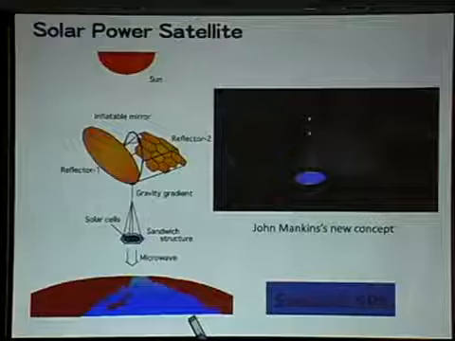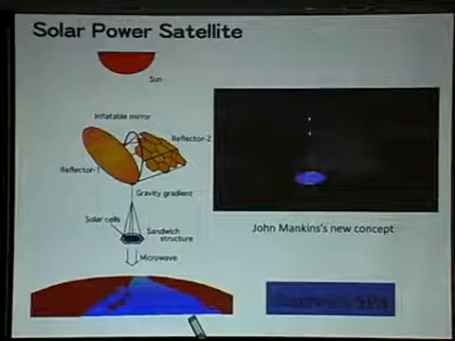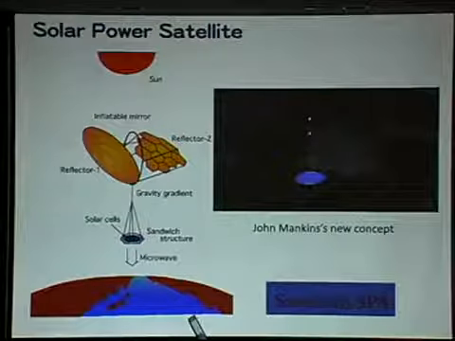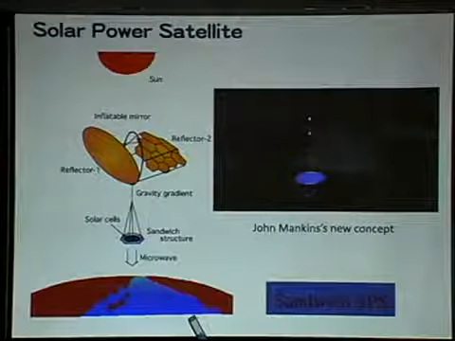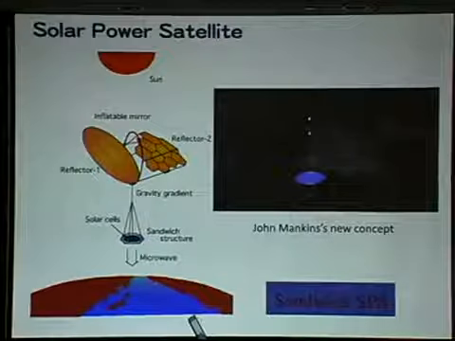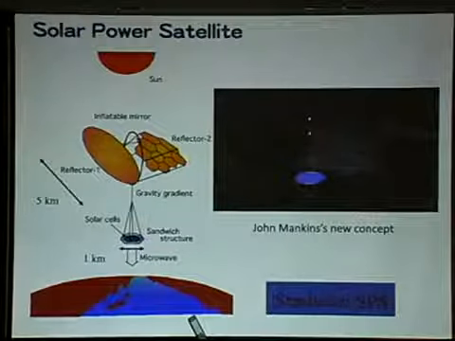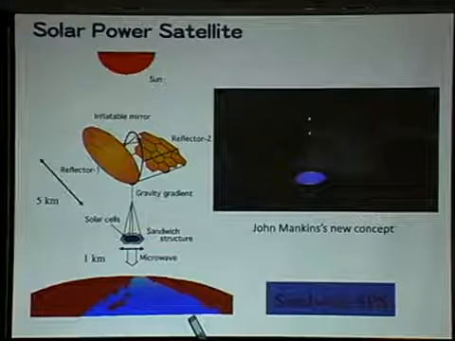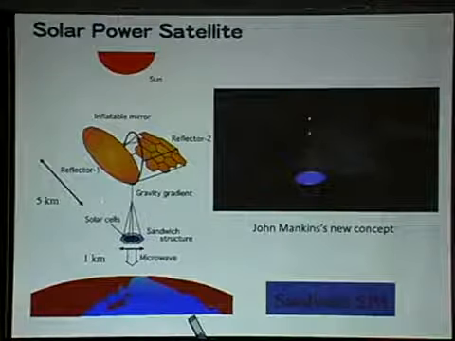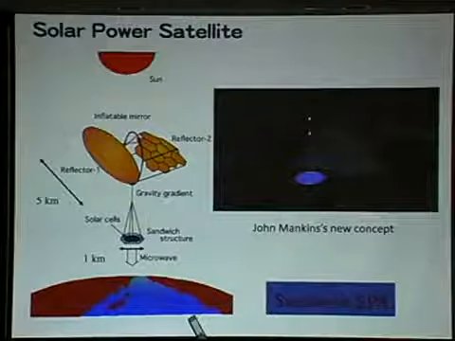Thank you very much. Electricity is generated by the solar cells and converted to microwaves to the ground. John's idea is very similar. You can understand the reflector is very huge. Maybe it is required to be a diameter of 5 kilometers, and the transmit antenna must be over 1 kilometer. Too huge.